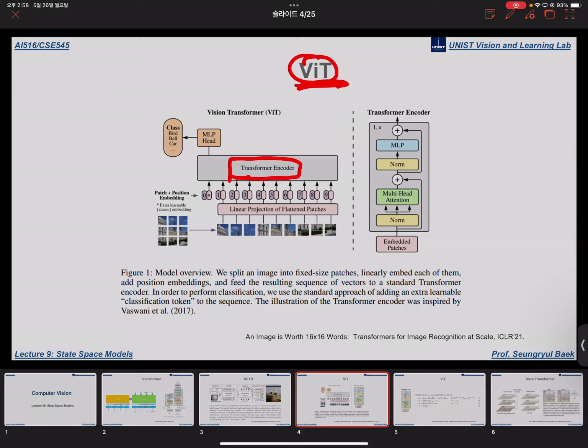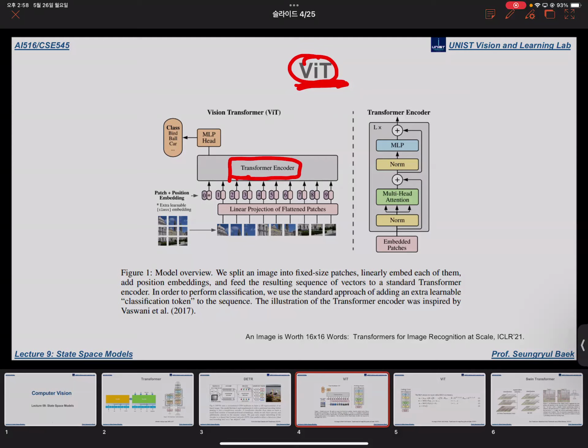And this is the formula indicated for this. This is the input. We apply positional embedding, and x_p is the feature for each patch: the first patch's feature, the second patch's feature, and there are n patches. We apply some positional embedding or transformation for each patch, and we have another token whose name is class token.